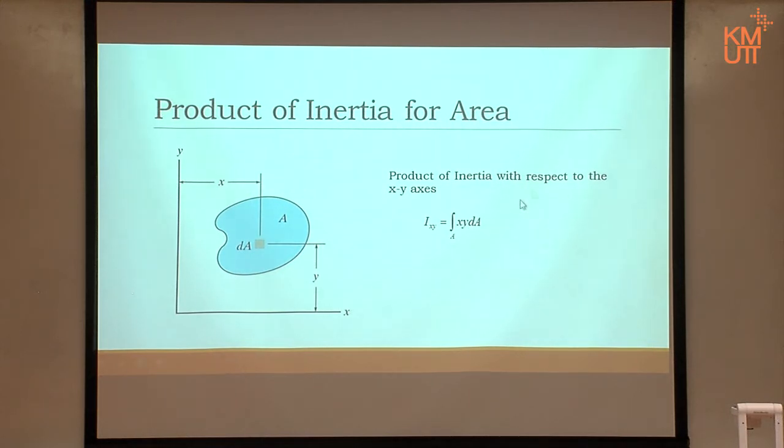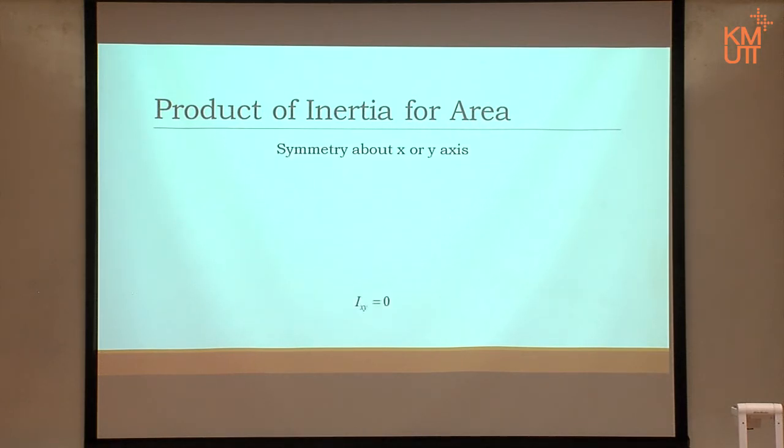Now, because of this, the positive and negative have some meaning. Okay? Last time with x squared, no matter which way you take, minus x squared becomes plus. So this time the positive and negative have meaning. Meaning if you actually have certain symmetry about the x or y axis, the Ixy will be 0 automatically.